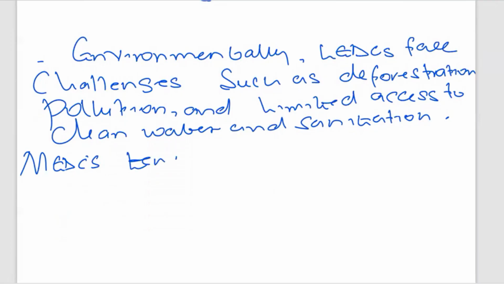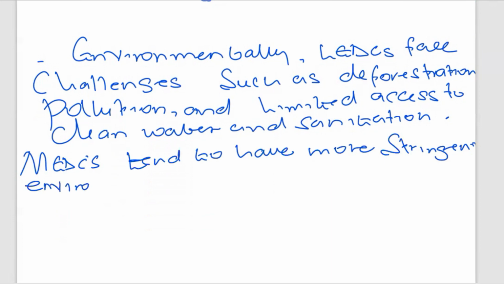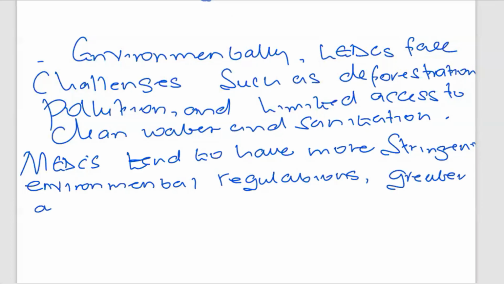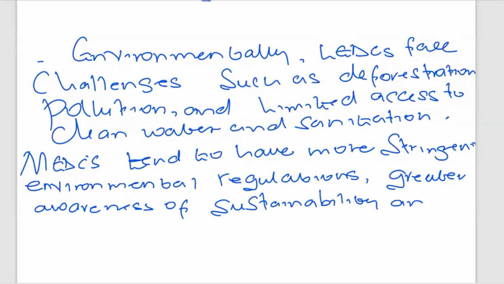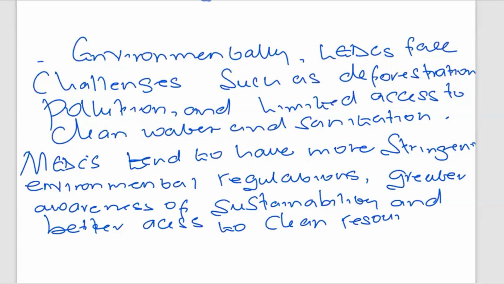MEDCs tend to have more stringent environmental regulations, greater awareness of sustainability, and better access to clean resources and technologies.